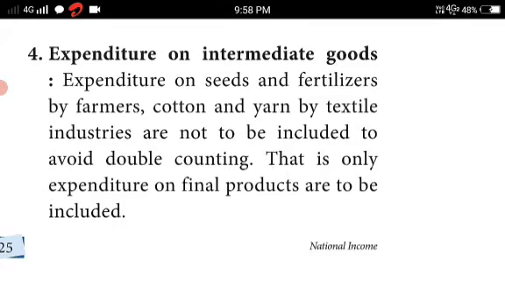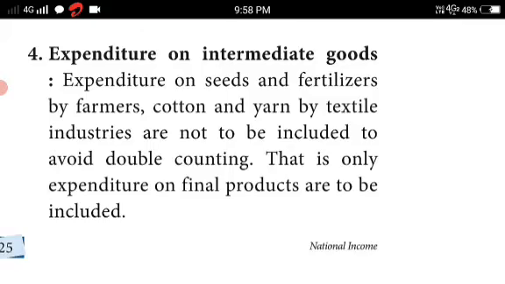At each and every stage expenditure is happening here, but in the textile industry it is not to be included because we avoid double counting. That is, only expenditure on final products is to be included. So when we are purchasing the garments, only that time we have to calculate it. Don't go through the step by step expenditure happening. That's why they say expenditure on intermediate goods.